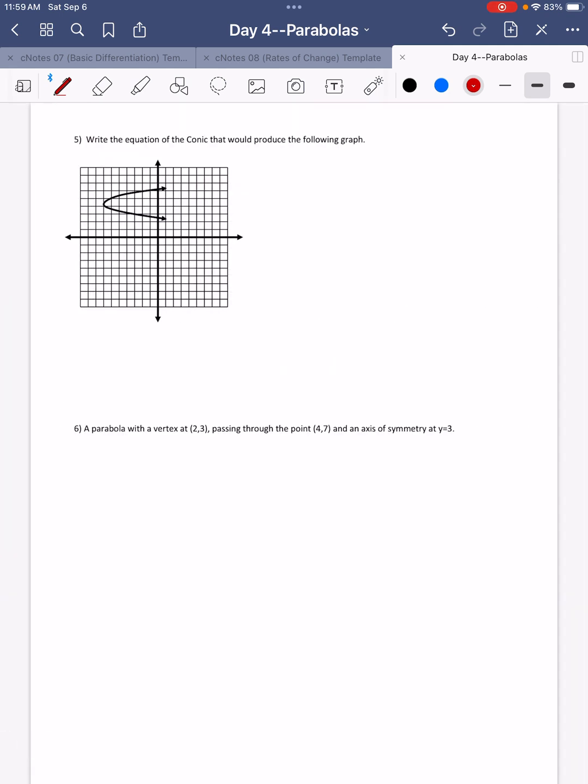So for this one, if we want to write the equation, I'm just going to do this one here. I'm not super happy about this graph. I feel like it's been shifted away from where it should be. So I'm actually going to skip that one, because I feel like it's not the right graph for what we were trying to do.